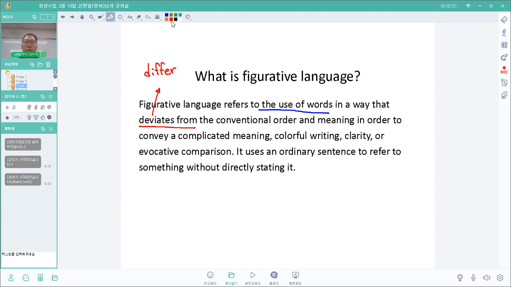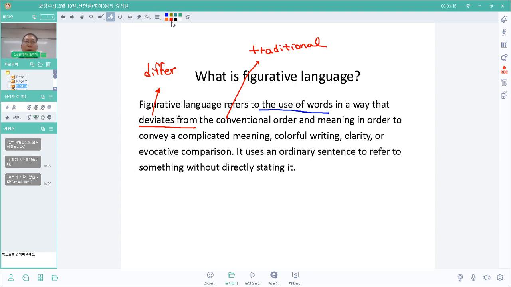The way we use language with figurative language is quite different from conventional order. Conventional means traditional. So figurative language uses words and vocabulary quite differently, with a different order and different meaning.